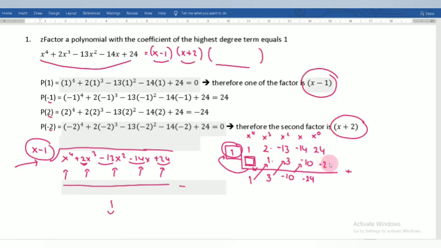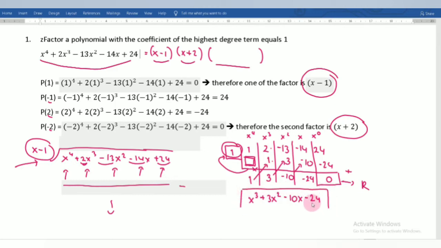And then negative 24 plus 24 is 0. Let me put the line here to show which columns you are dealing with. So this will always be the remainder. And the result will be x cubed, since the coefficient is 1, plus 3x squared minus 10x minus 24. So this is the result of the division.